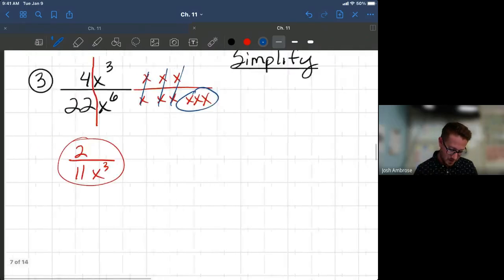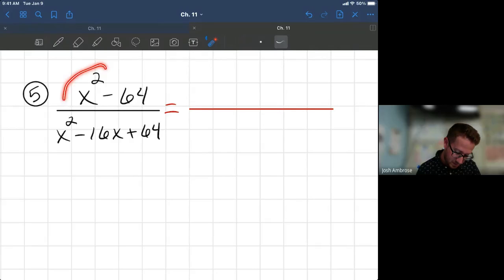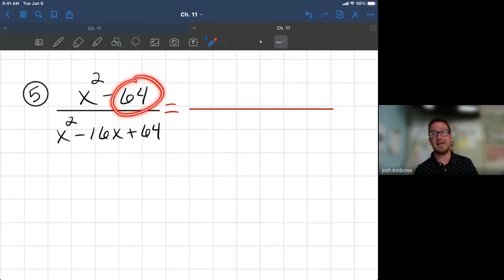All right, let's move down here. Okay, I definitely can see we can simplify the numerator and denominator. It's all about factoring. So we can factor both the numerator and the denominator. What I see in this numerator is it's a perfect square binomial. It's special. X squared is perfect. 64 is perfect.